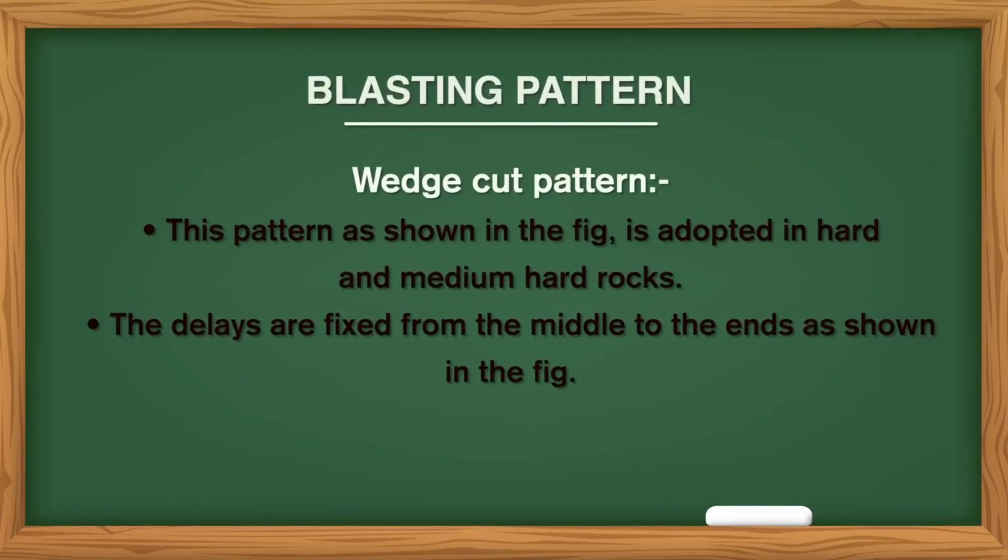Then wedge cut pattern. This pattern, as shown in the figure, is adopted in hard and medium hard rock. The delays are fixed from the middle to the ends, as shown in the figure.